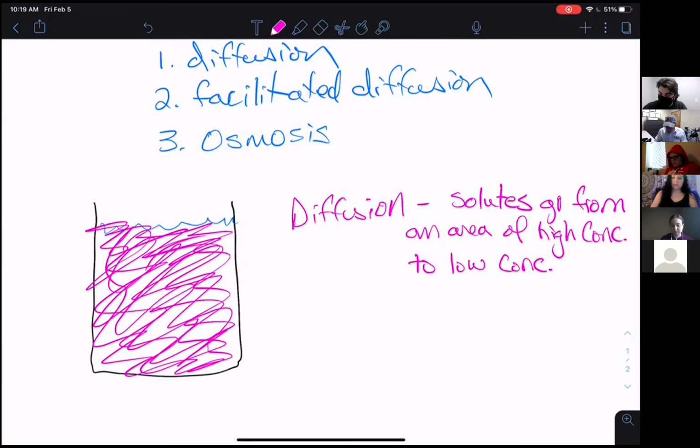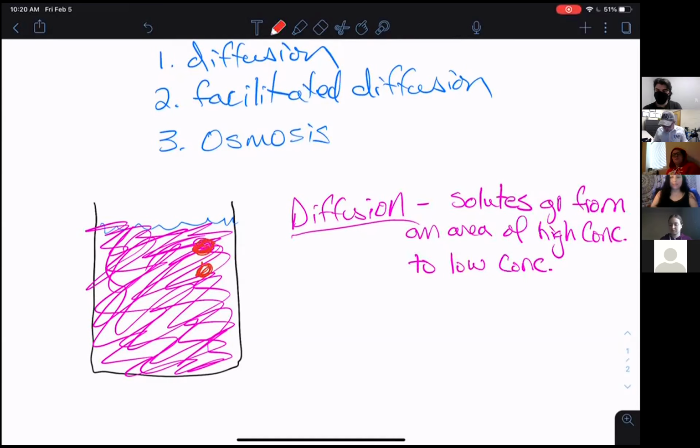So just like with this little glass of water, when we dropped in just a few little drops of food coloring, it diffused out and filled up the whole area. So it was kind of like this homogeneous, clear pink mixture throughout the whole thing. Okay, that's what diffusion is. It went from an area of high concentration of red out to being a big filled pink glass of water.